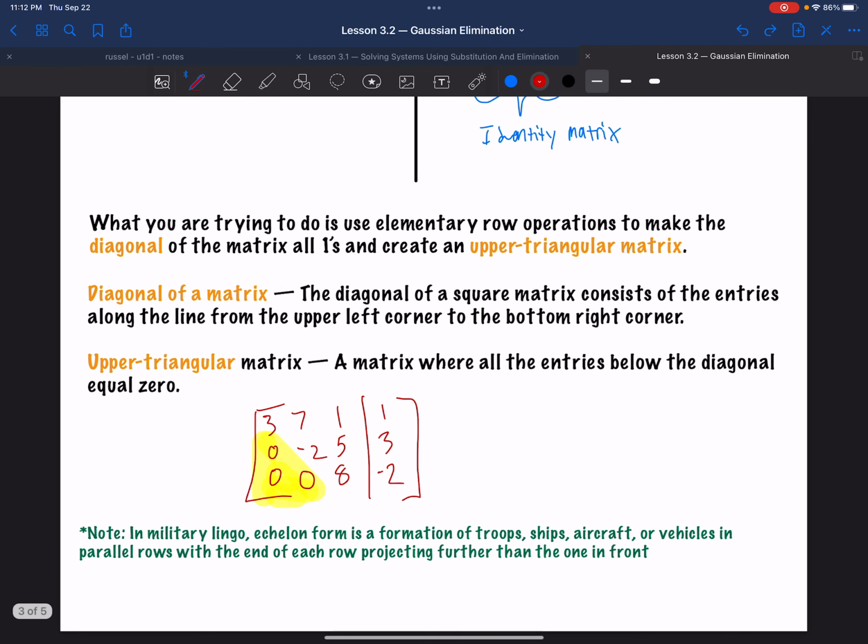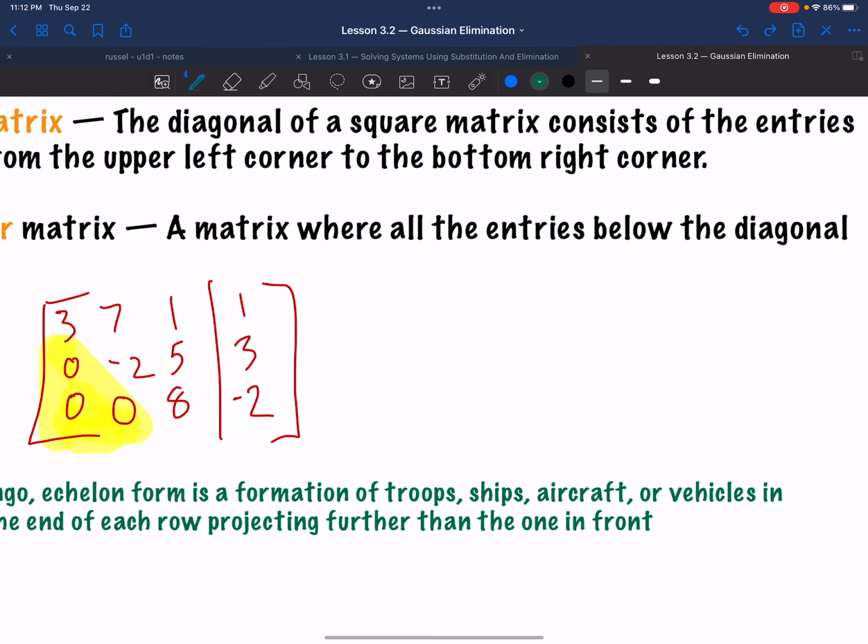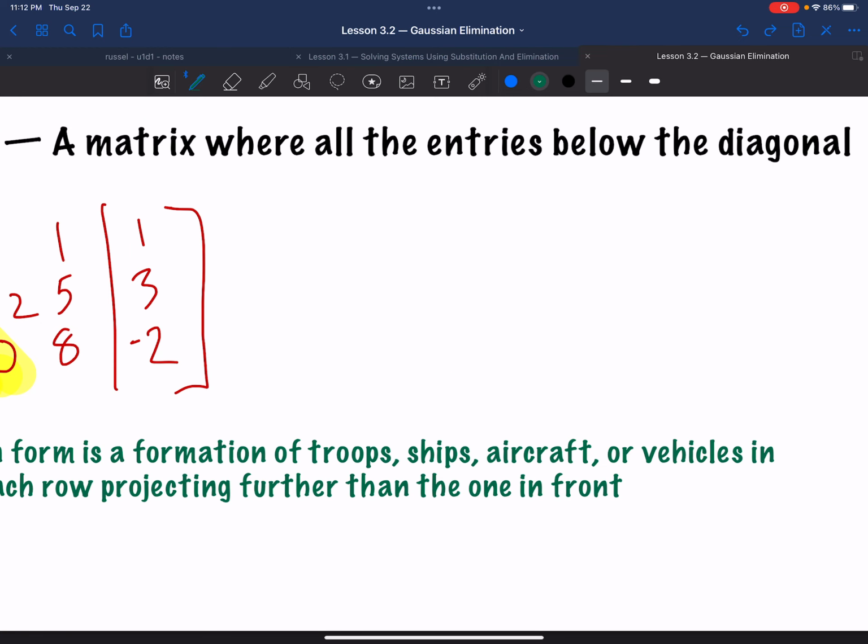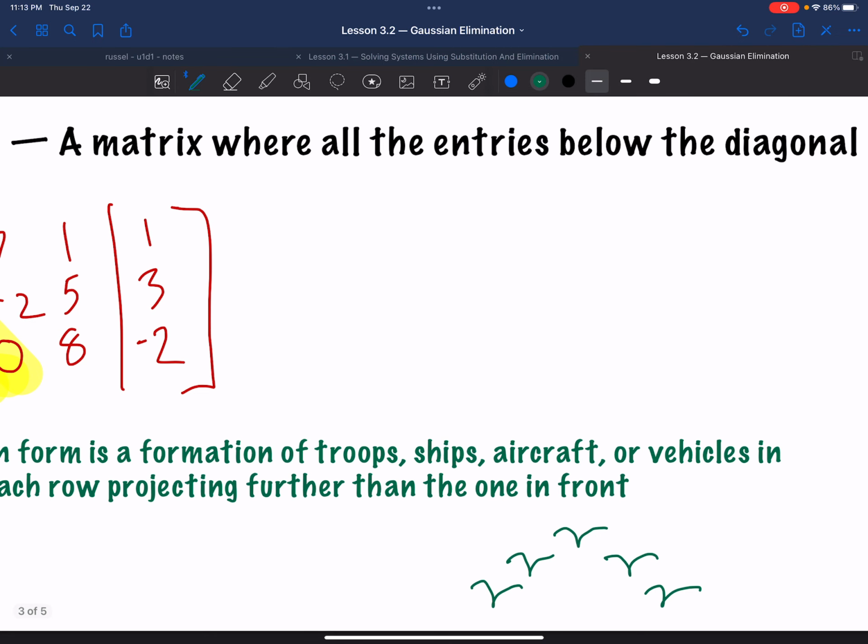I also have a little note down here. If you want to know what this word echelon means, in military lingo, this is like a type of formation. So if you've ever seen birds flying, I'm going to do a little example here. How do I draw birds? Okay, bird 1, bird 2, bird 3, bird 4, bird 5, right?